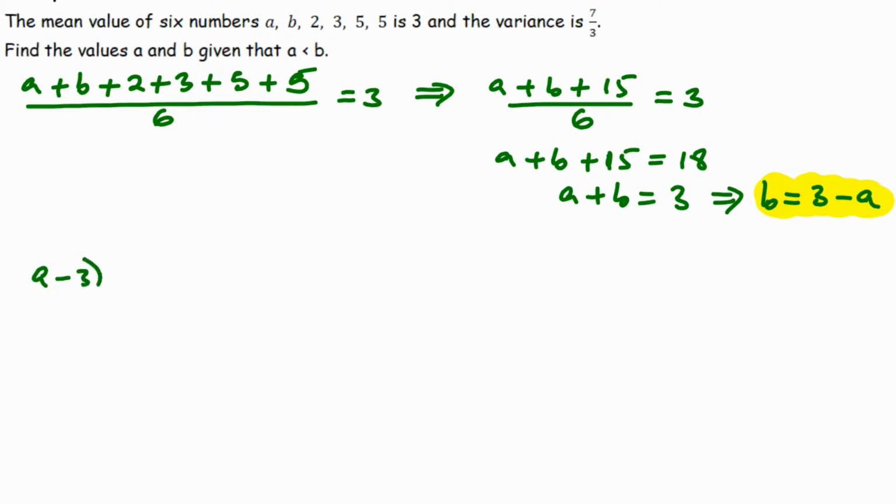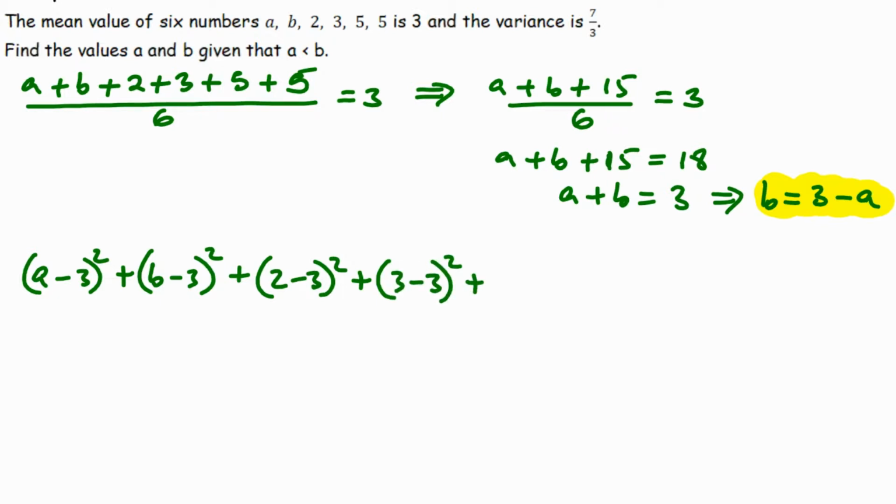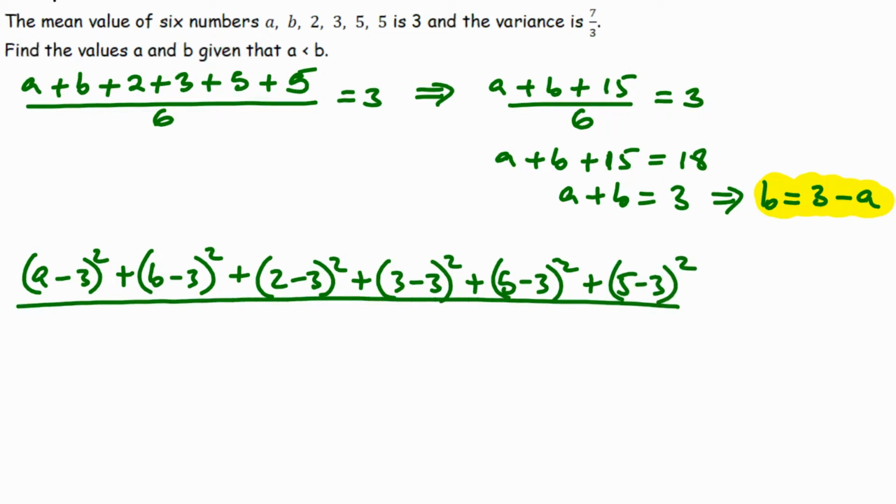So A minus 3 squared plus B minus 3 squared plus we have 2 minus 3 squared plus 3 minus 3 squared plus 5 minus 3 squared plus 5 minus 3 squared. All this over 6. And that should be equal to the variance.